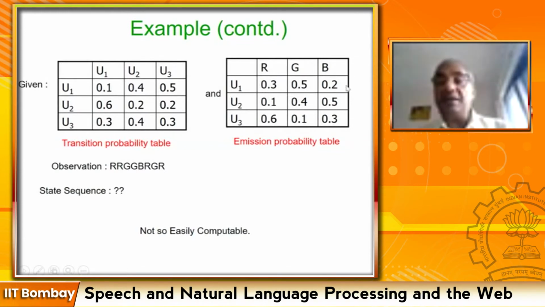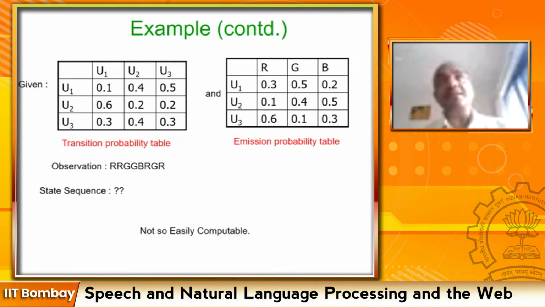So when I add the row probabilities, they must add to 1. You must pick some ball from U1. When I add the column probabilities, they also happen to be 1. But is this a coincidence or is it something to be expected? So I leave it as an exercise. I would request the TA team to note down this exercise.